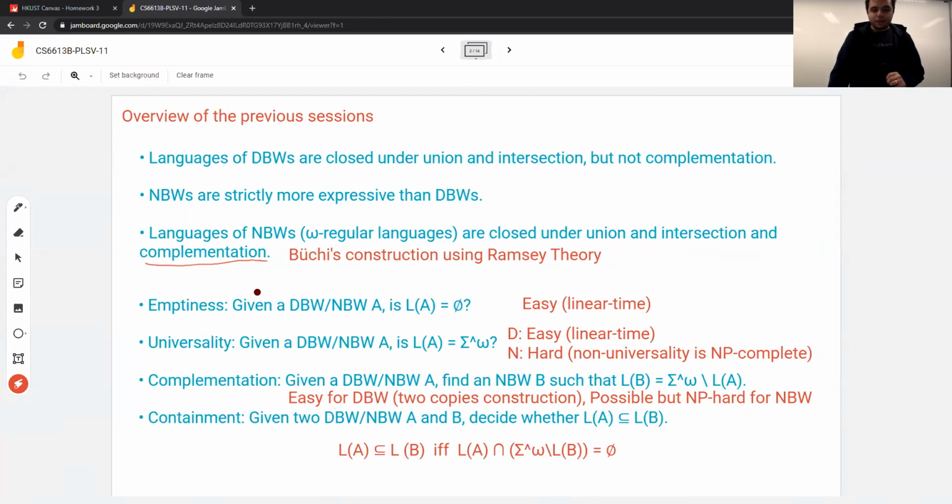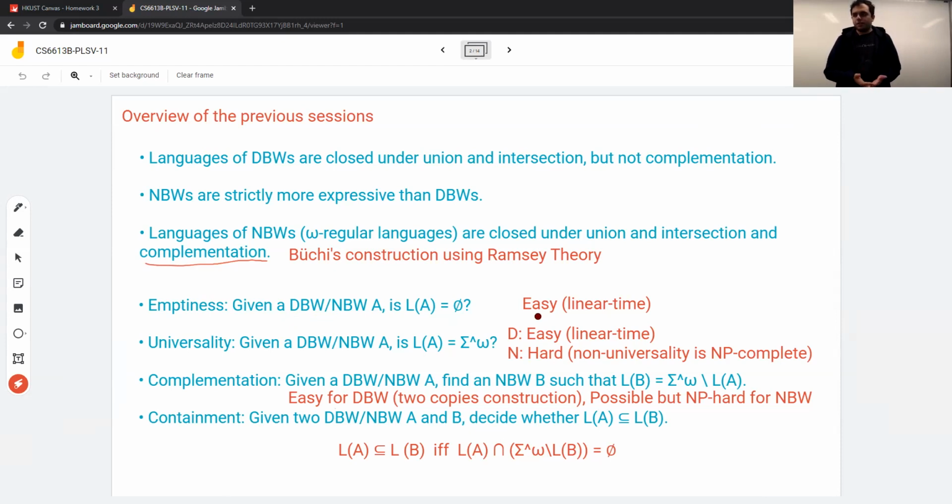Then we talked about some of the classical problems. We talked about emptiness. We saw that deciding whether a Büchi automaton has an empty language is actually quite easy. You can always do it in linear time, even if you have non-determinism. Then we talked about universality, which was, in a sense, the opposite of emptiness, whether everything is in the language, whether everything is accepted.